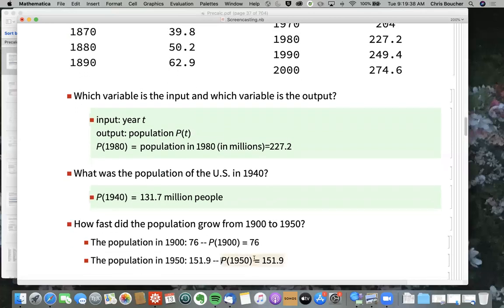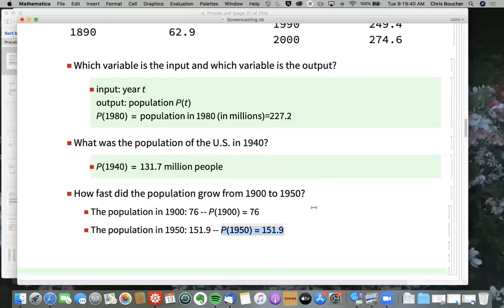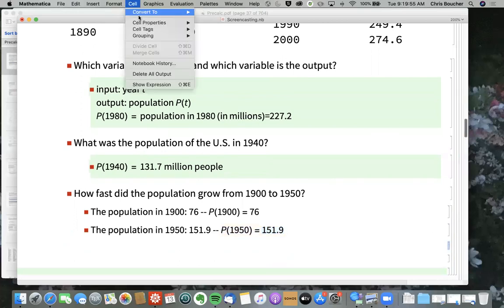And again, in functional notation, that looks like this. Again, neither one of these numbers is really the answer to the question, but it seems like they ought to be relevant. And indeed, we can tell from these two numbers how much the population grew, not necessarily how fast, at least not immediately, but how much.